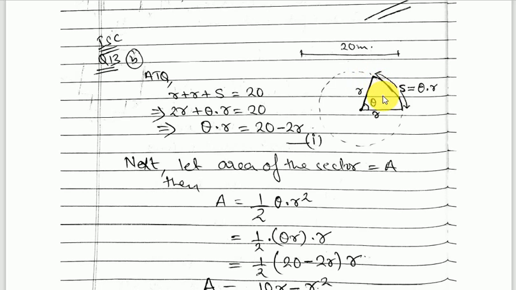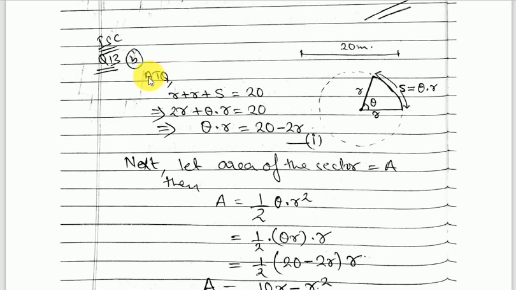So we need to write the expression of area of the sector in terms of a single variable. Here one thing is known to us, that the perimeter, that means the length of the boundary, is 20 meter.